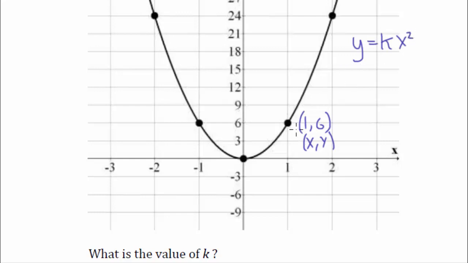At this specific point y is equal to 6, and k we have no idea, but x is 1 and that's squared, so k equals 6. That means we can rewrite this formula with the value of k: y equals 6x squared. And that's essentially how you do these ones. So hopefully that's helped you out a bit.